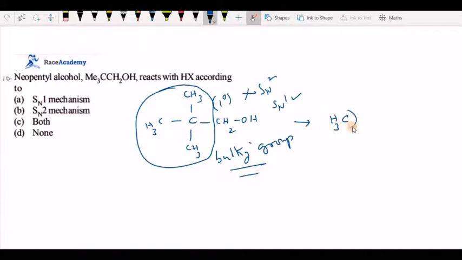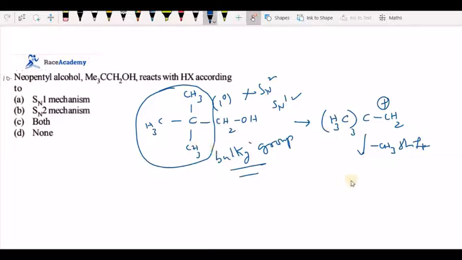So let us see, it is three times C. This is already given here. That is CH2 plus. After that, what will happen? If you write it elaborately, it will undergo a methyl shift also, to get the stable carbocation.